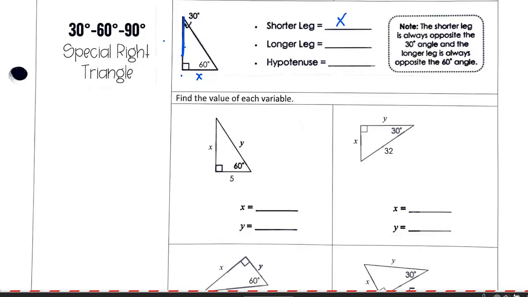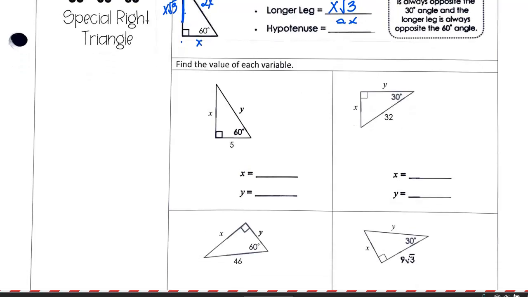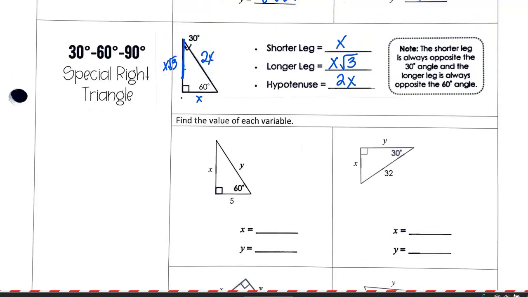And it is x square root of 3. And then our hypotenuse, which is across from our 90-degree angle, is 2x. All right, so there's our ratios for a 30, 60, 90.